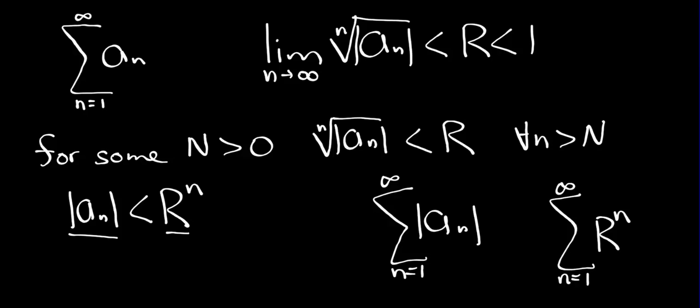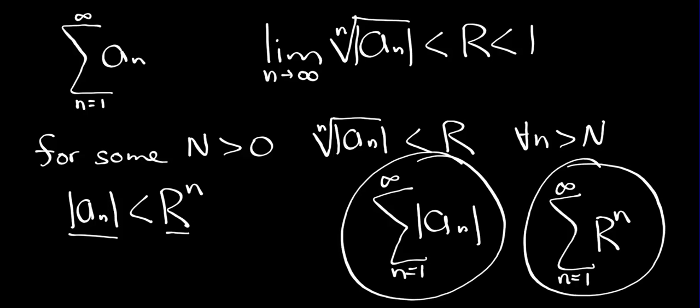And remember, if the series converges with the absolute value, in other words, if it converges absolutely, it will converge without the absolute value. So now let's compare these two. We know that the terms of this one are bigger than the terms of this one if you go out past big N.